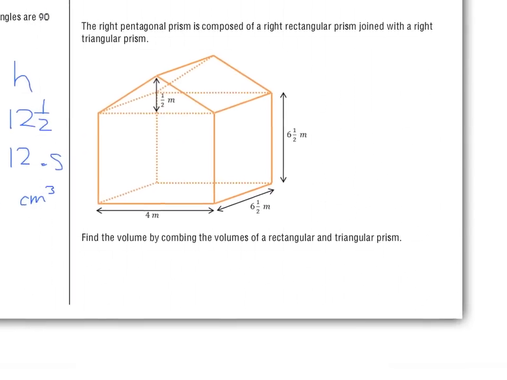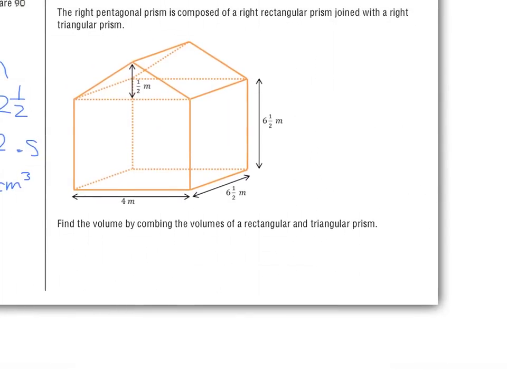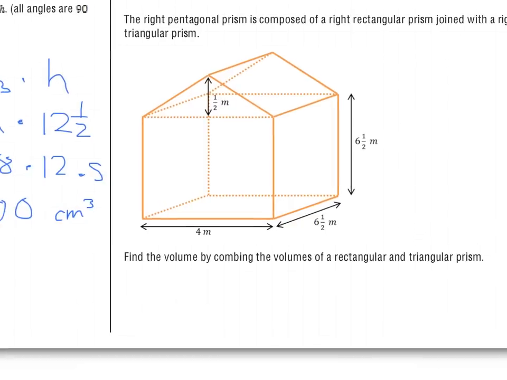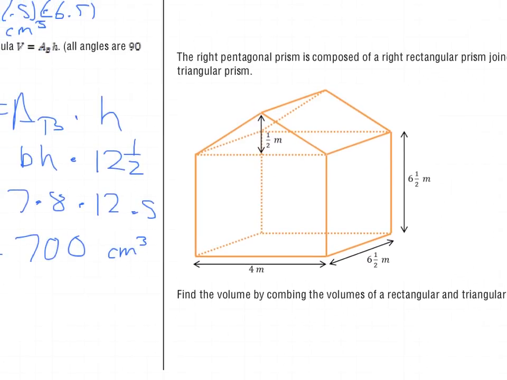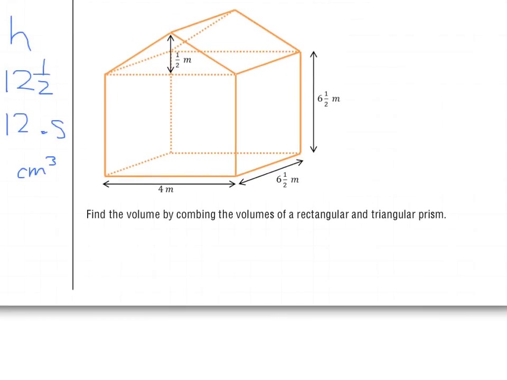Alright, last one. This is a right pentagonal prism, and it's composed of a right rectangular prism joined with a triangular prism. Looking at this, it says to find the volume by combining the volume of the rectangular and the triangular prism.